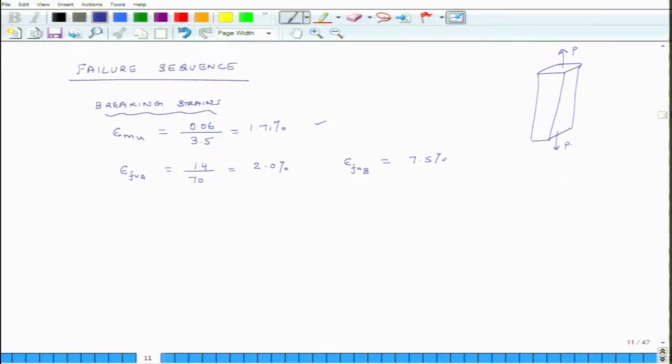Now, when we were discussing in the last lecture and last several lectures, we said that the matrix can take a very large amount of strain. It fails in the last. In this case, it just happens that we have chosen a very fancy matrix which has a very low breaking strain. This is not the case for regular matrices.